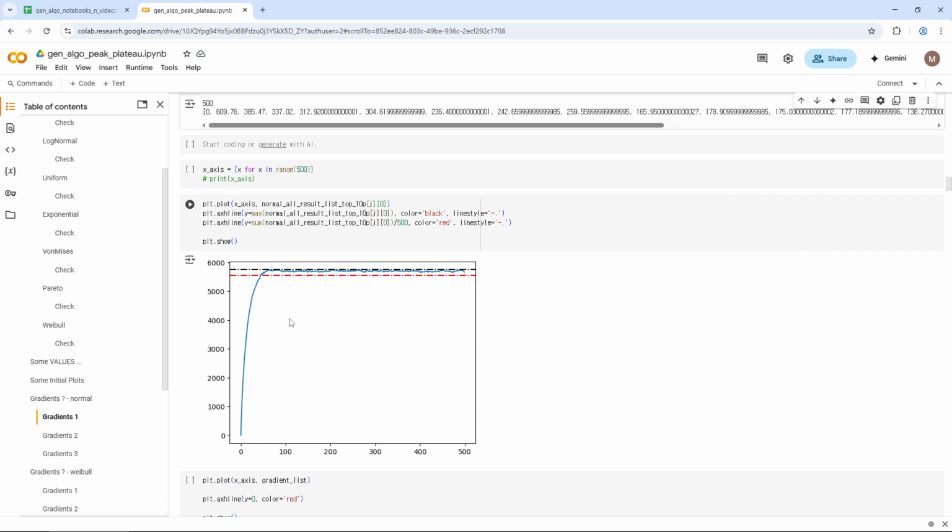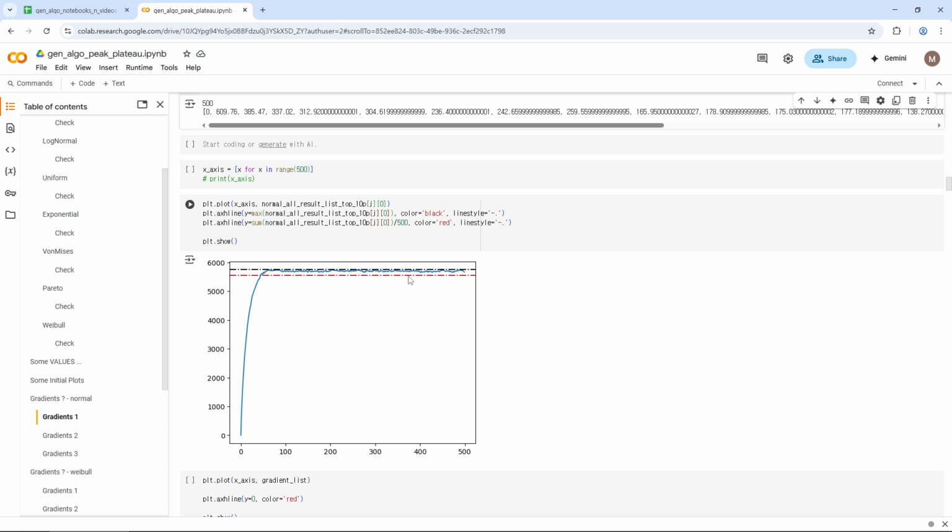This is the original plot of summed utility values, or the average of the top 10% entities in terms of their summed utility values, and the black dash dotted line is the maximum, and then the red one is the average.